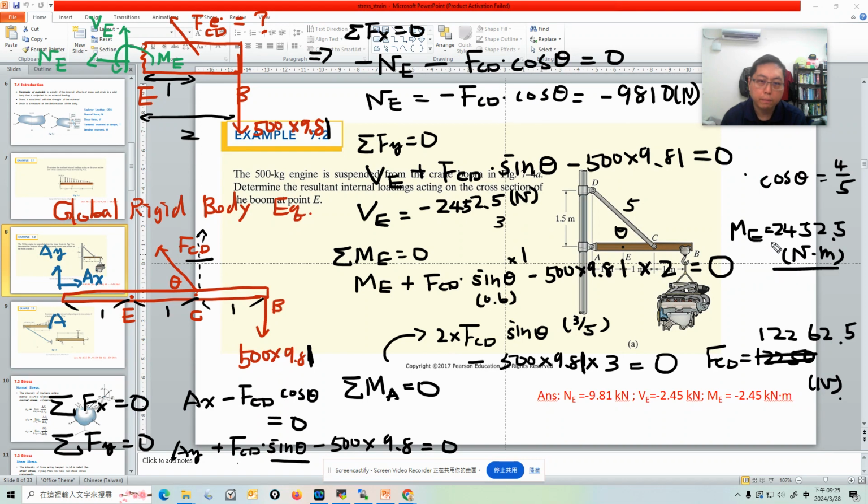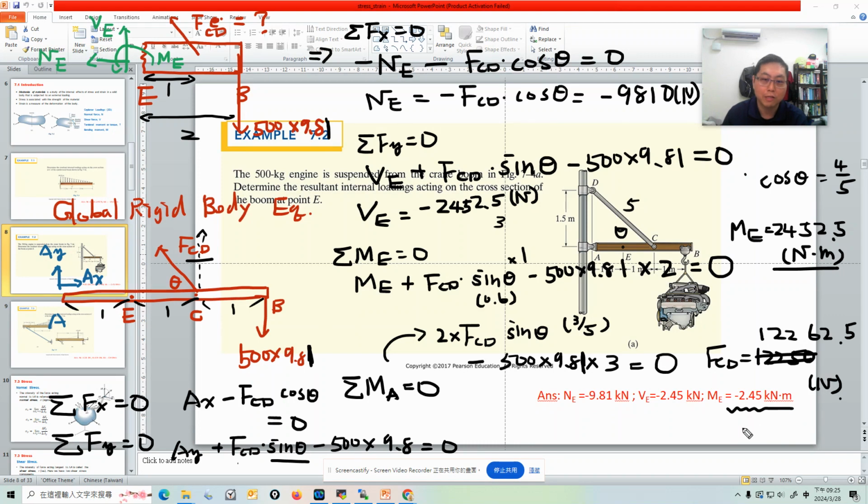We got the positive moment at E because we assume it's positive at the beginning. And you see here, the textbook shows the answer is minus 2.45 kilonewton times meter. I believe this is because in the textbook, at the beginning, it assumes it's clockwise, and then it gets a negative answer.